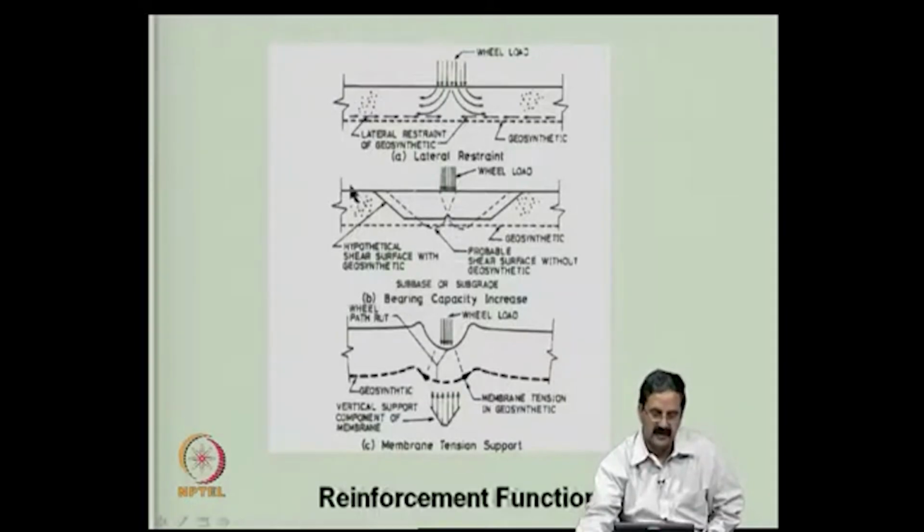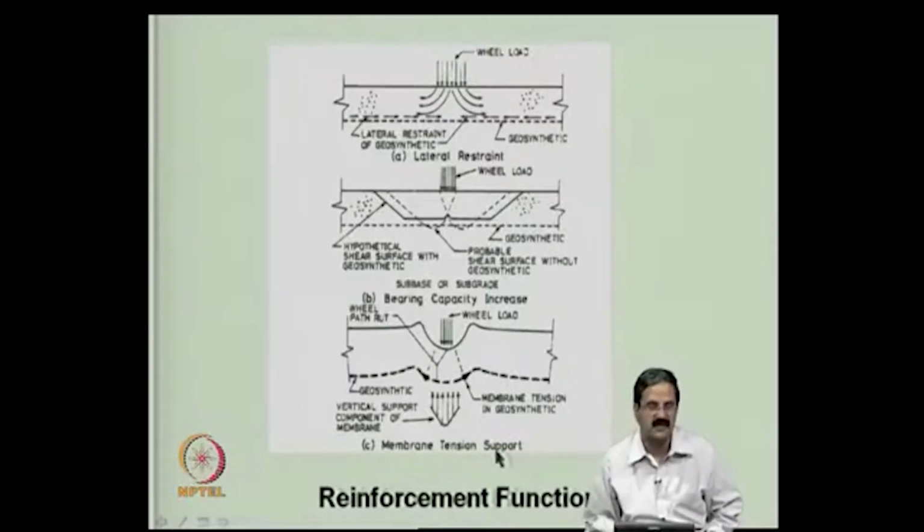The length of the failure surface will be bigger, and along that length the shear resistance is also more. So we take that assumption and then calculate the load bearing capacity of the subgrade. This is called bearing capacity increase. The first one is lateral restraint, the second one is bearing capacity increase, the third one is the membrane tension effect.